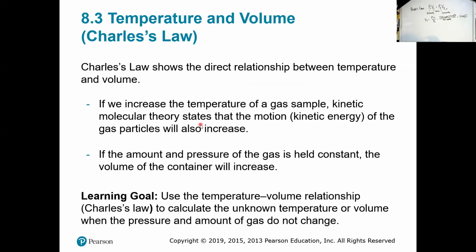All right, our next gas law is called Charles' law. It's the next one of our simple gas laws, and this is going to show the direct relationship between temperature and volume. Remember that when we say direct relationship, we mean that the properties we're talking about are going to increase together and they're going to decrease together.